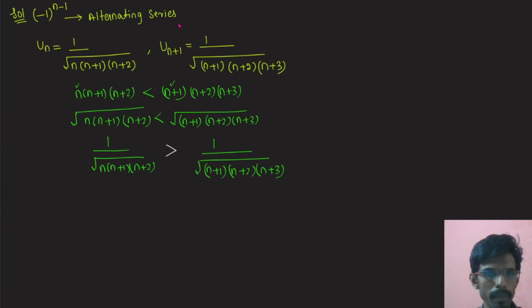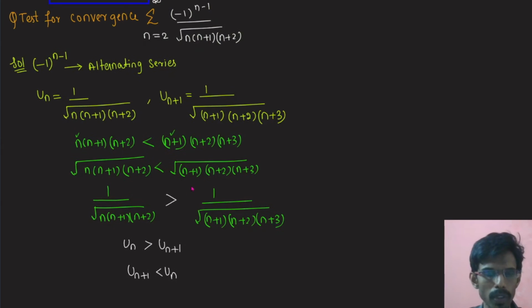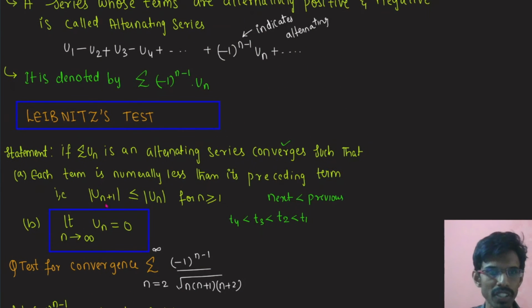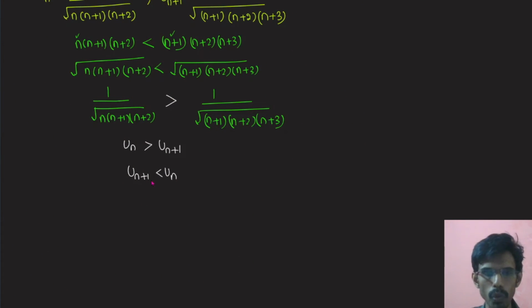Hence we can see that this is un. Un is greater than un+1, or we can say un+1 is less than un. It means that the next term is less than the previous one. So the first condition, that each term is numerically less than its preceding term, is satisfied.